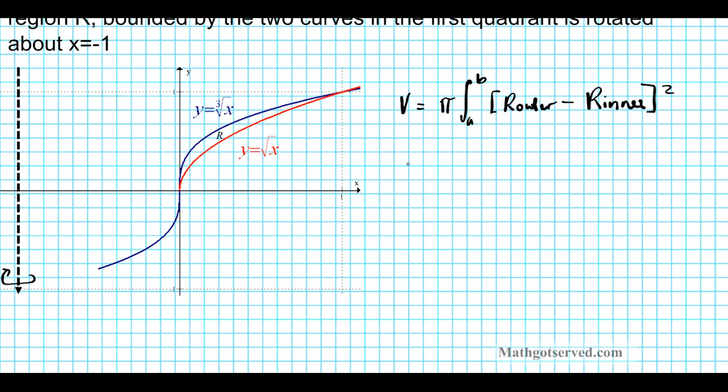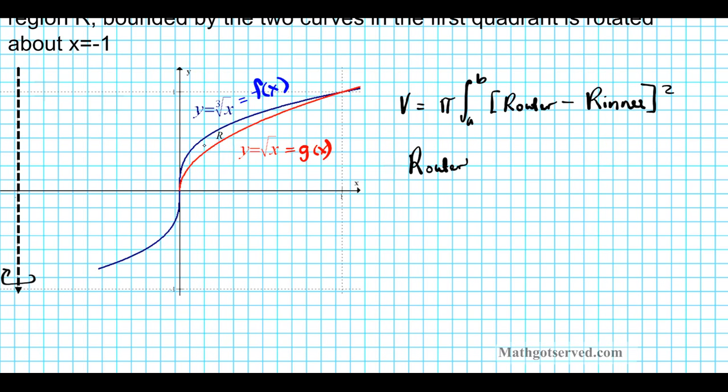Okay, so let's go ahead and find the outer radius first. Let's name our two functions. Let's call this g of x, and let's call the other function f of x.